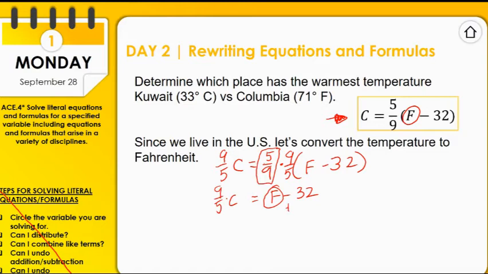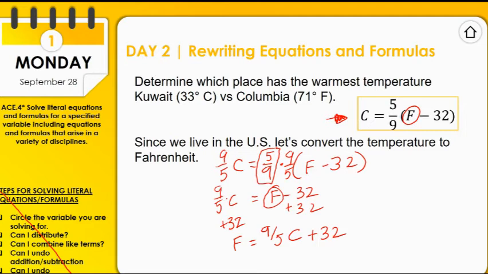In order to get F by itself, I need to add 32 to both sides. By doing so, I have F is equal to 9/5 Celsius plus 32.